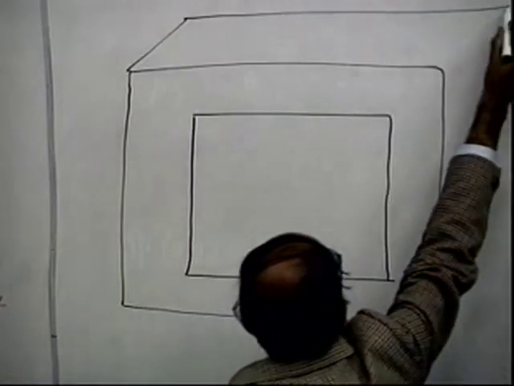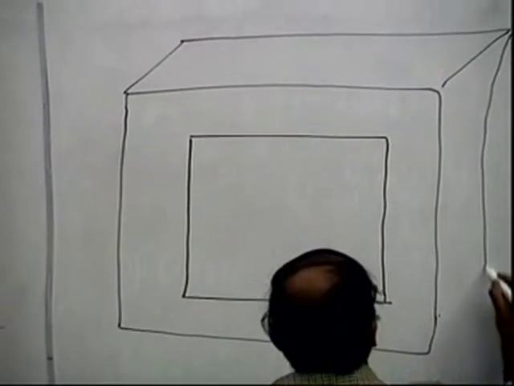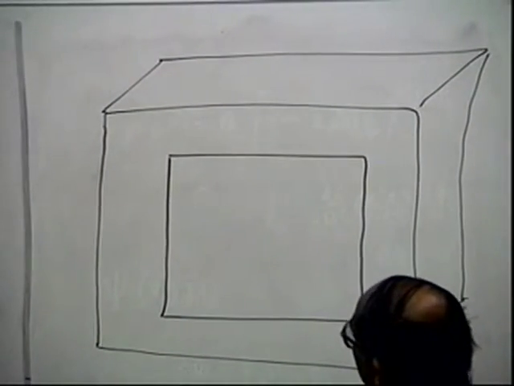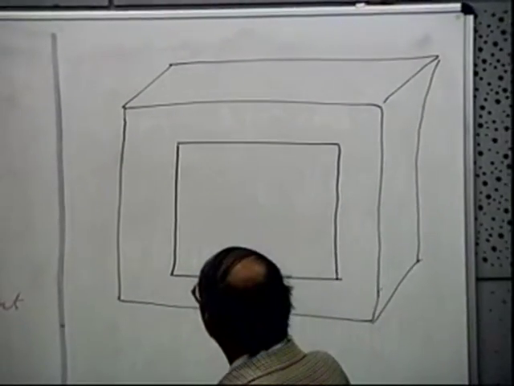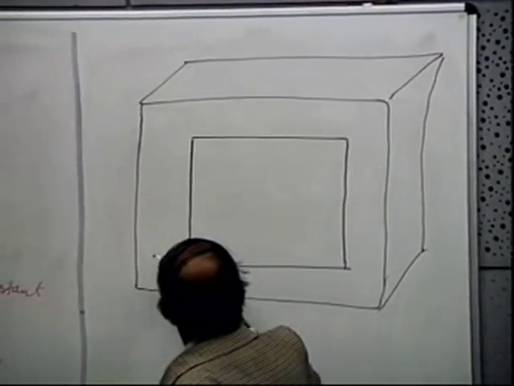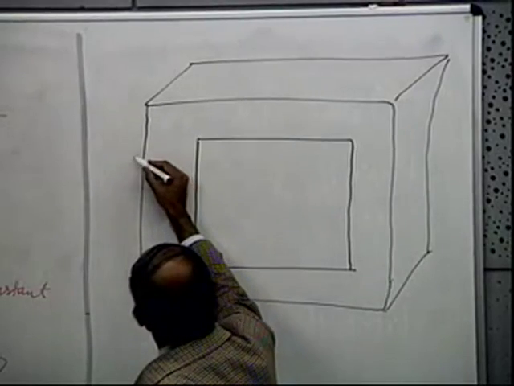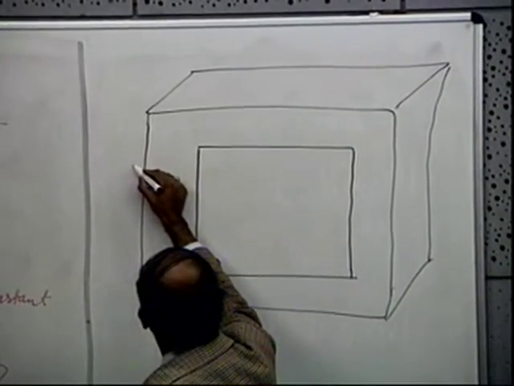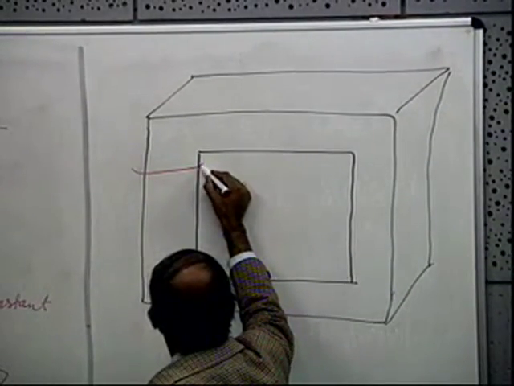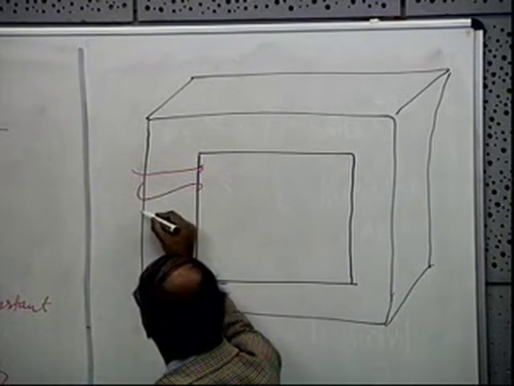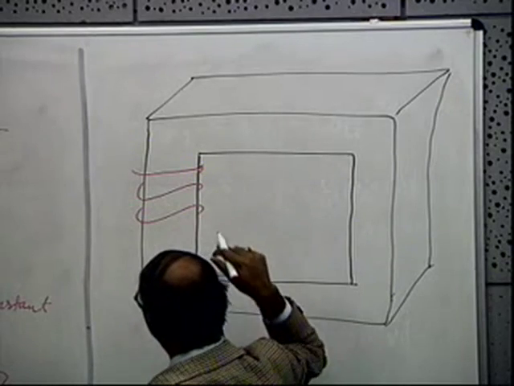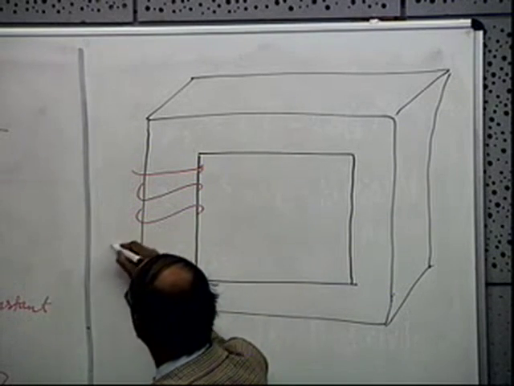So this has the third dimension also. So let's say you are just going perpendicular to the board also. So let us say this is n turns.